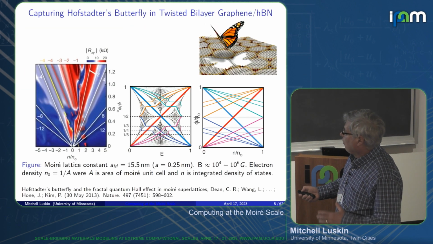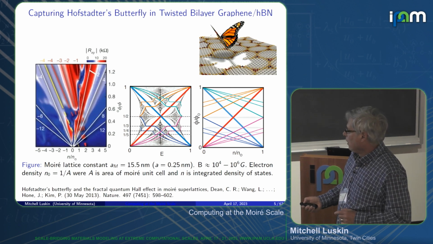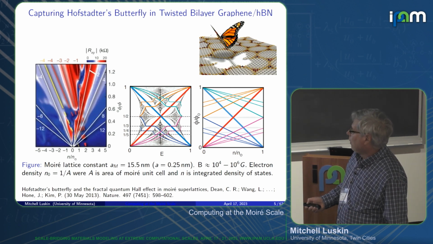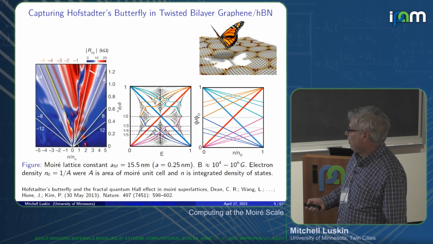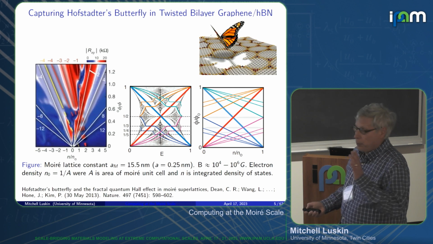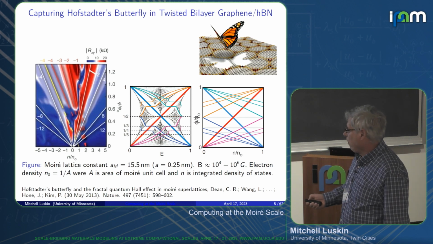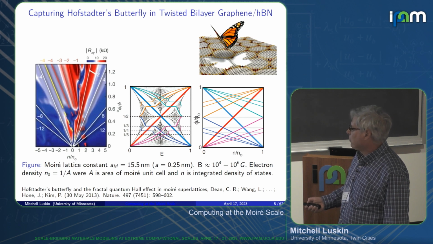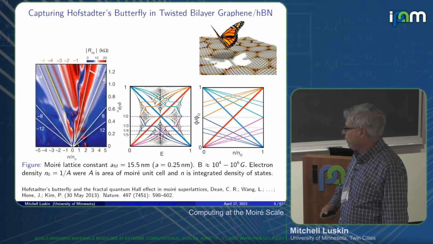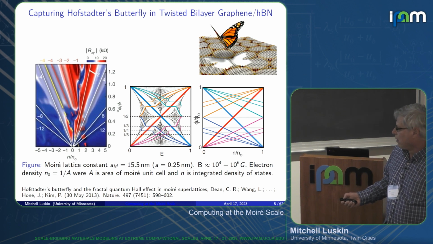So the point is, it seems we have a larger unit cell. This unit cell depends on the angle. The smaller the angle is, the larger the unit cell. That's pretty easy to see. In their experiment, their unit cell was 15.5 nanometers compared to the unit cell of graphene.